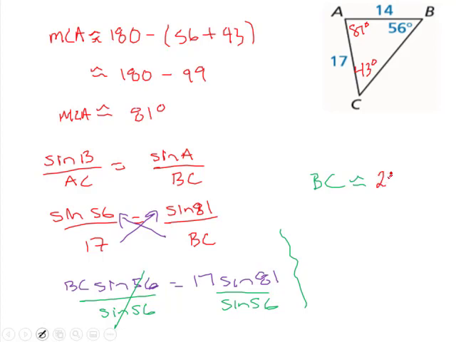And BC is approximately 20.253. So we have all three parts now.